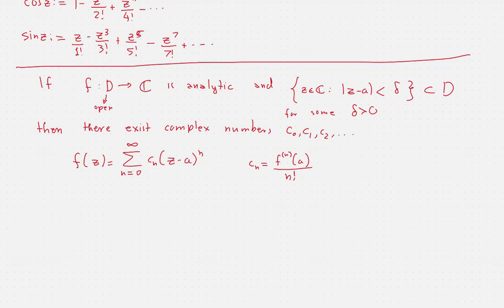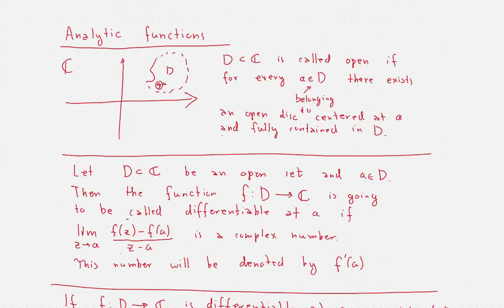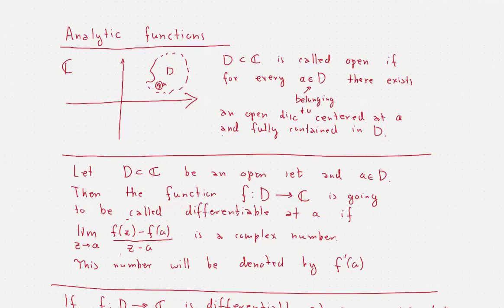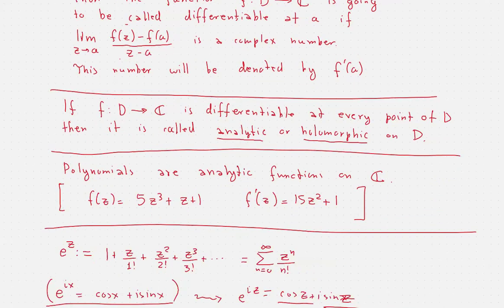So to recap, a function f defined on this special kind of set, which we called an open set, is called analytic if it's differentiable at every point of the set in the usual sense that we had for real numbers. What is different from the case of real numbers is that the consequences of the existence of this limit for every point are enormous.